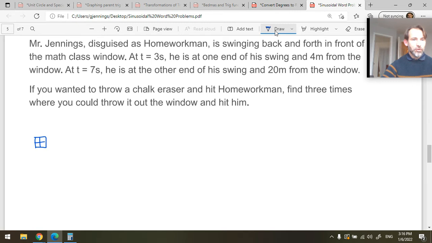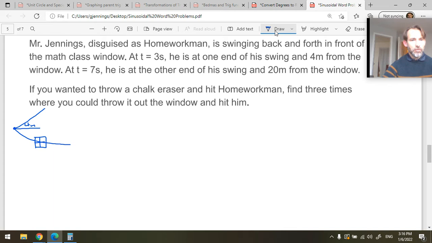And there is someone swinging here. We know that at the top of one swing, I am 4 meters from the window, horizontally. And that's the top of one swing.